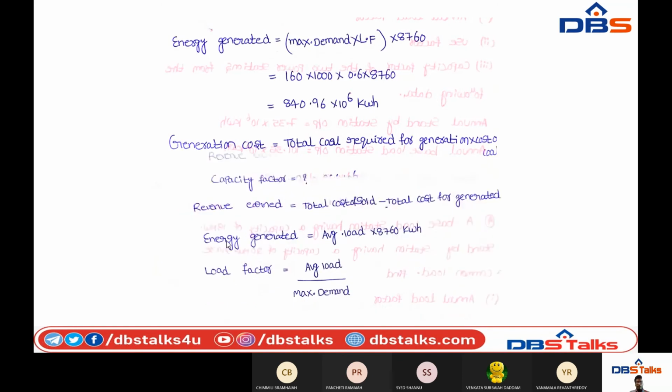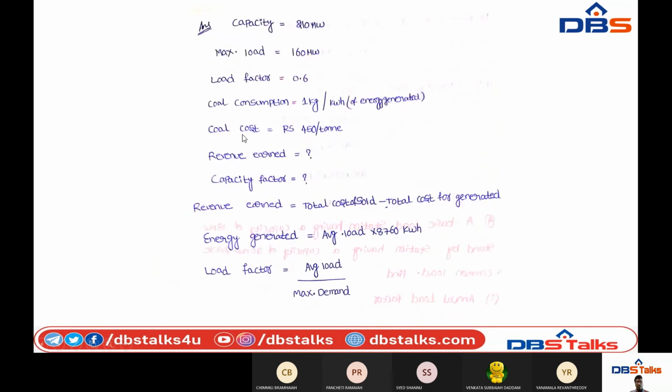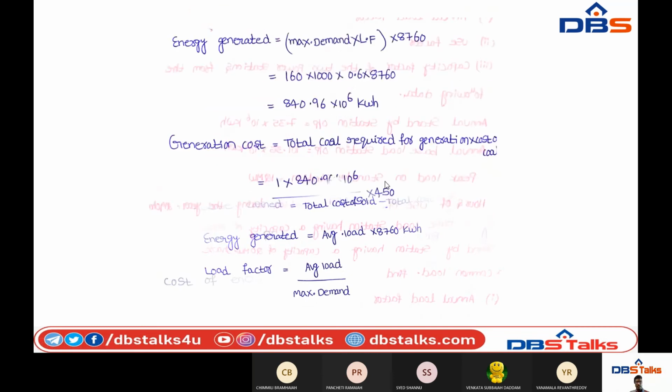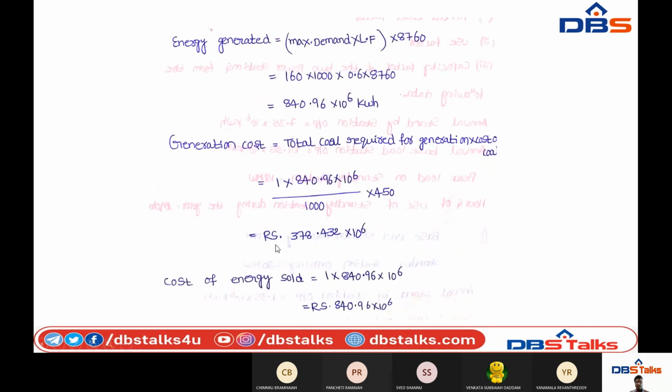In this, 450 is the cost of coal. Coal cost will be 450 per 1000 kgs, that is per ton. Finally, cost will be 378.432 into 10 power 6 rupees.